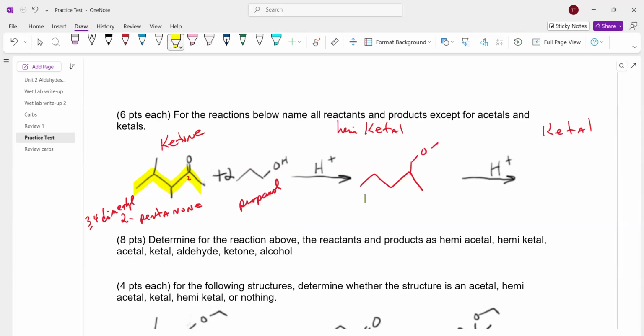This is going to be the backbone here, and we have a 3-carbon. This is going to be the anomeric carbon here, number 2.